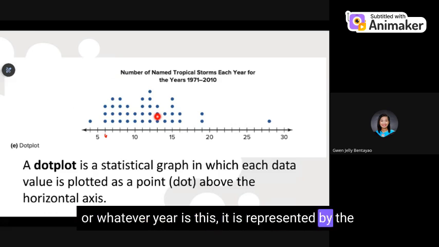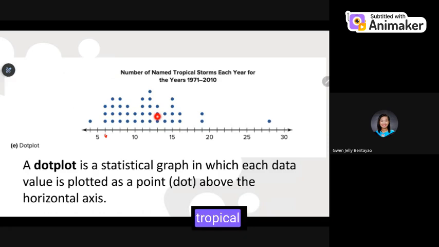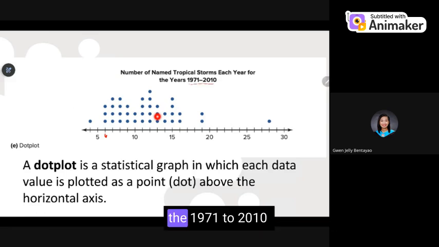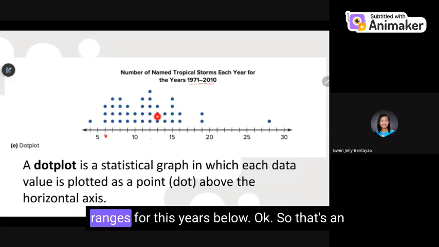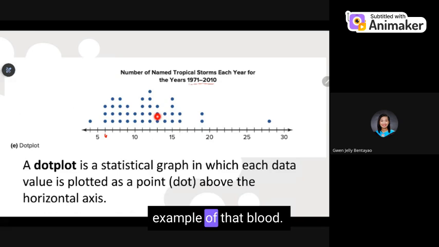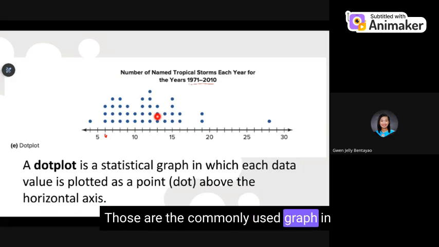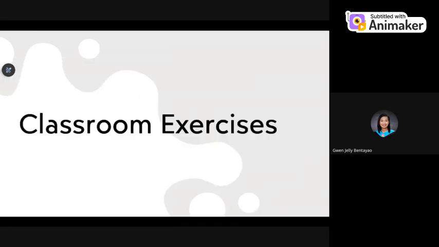It is represented by, there are 3 tropical storms. So in this case, we have to get the 1971 to 2010 range for these years below. Okay, so that's an example of a dot plot. Those are the commonly used graphs in statistics.